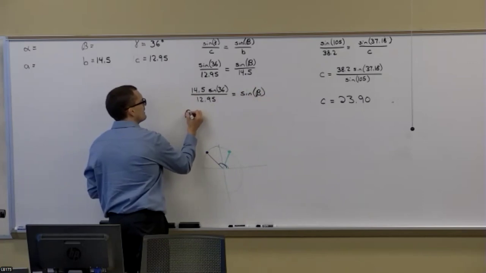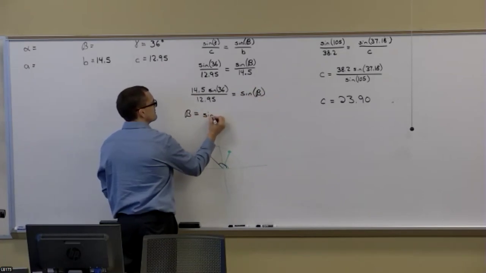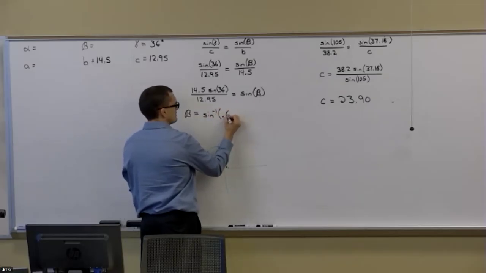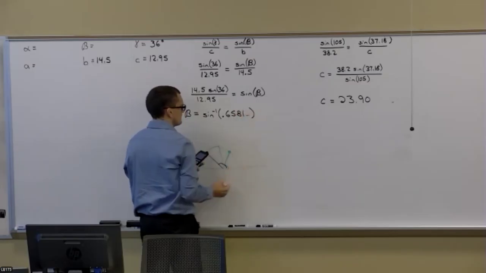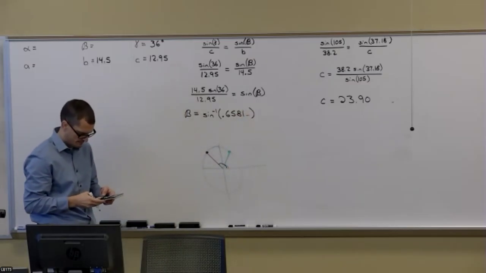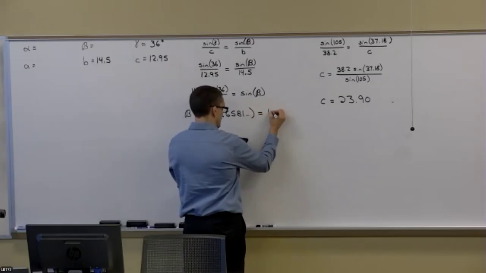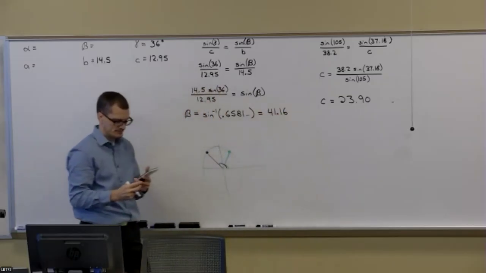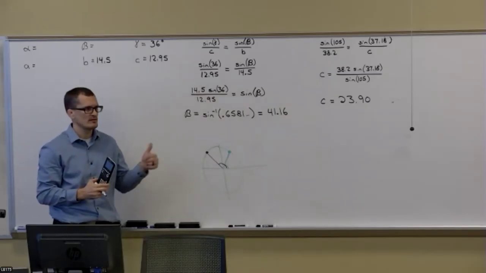So one beta that we get is simply the sine inverse of that 0.6581, and so on. That is 41.16. Okay, let's get that. 41.16 sine inverse. Good.